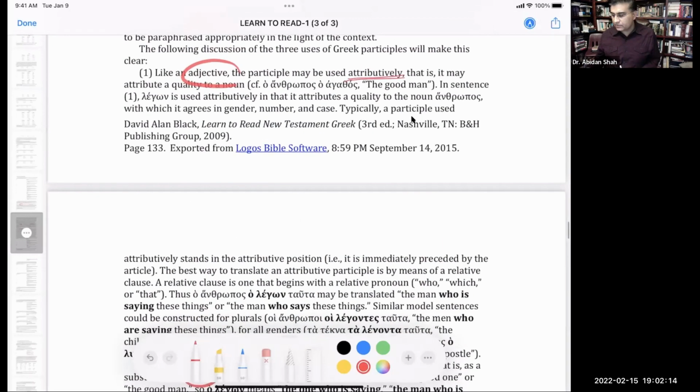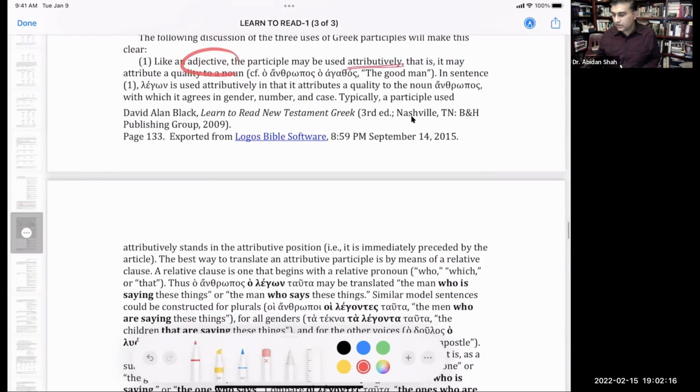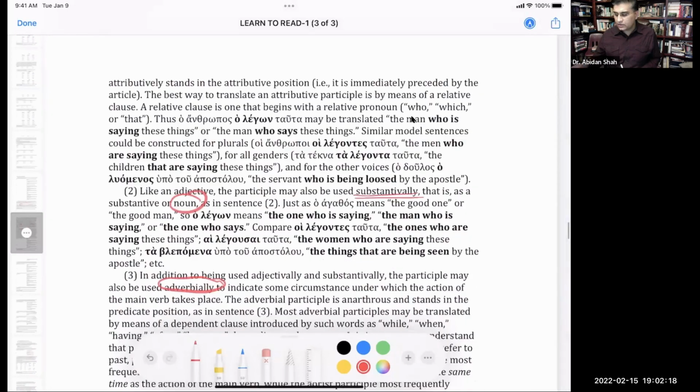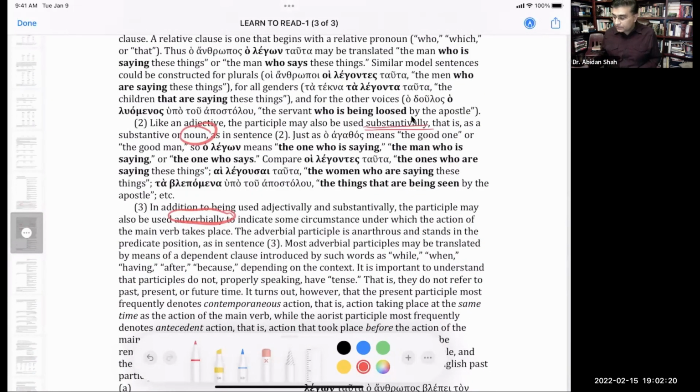So you see the difference between attributively and substantively. The one who is saying, the man who is saying, the one who said, that's more of a substantival use.